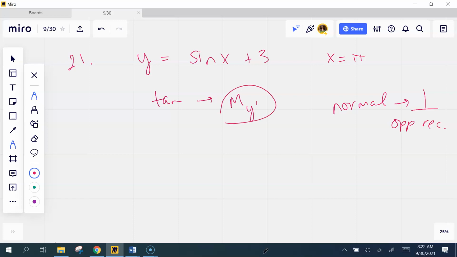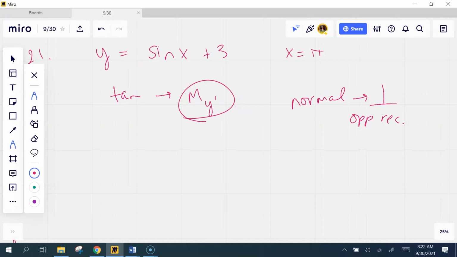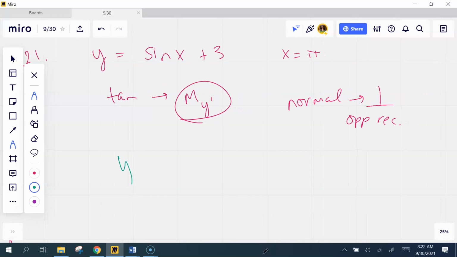So we're going to take this. That's the easy part. All right, so let's find the derivative. Derivative of y equals sine x plus 3 is cosine x.